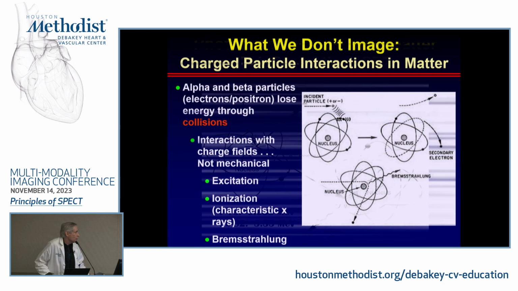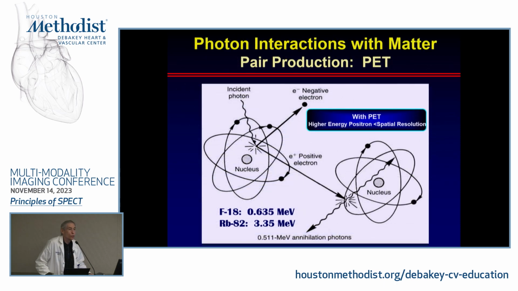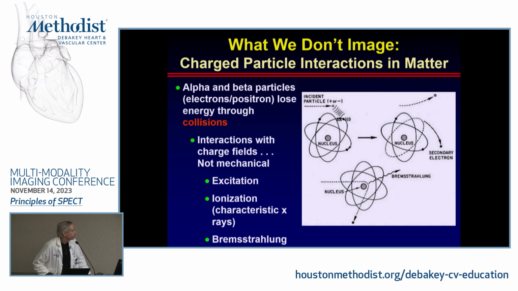And what does that mean? It basically means that the spatial resolution of F-18 is actually much better because you have annihilation occurring closer to where the positron was emitted as compared to traveling further, which will happen with the rubidium positron. So that gets into the whole issue of spatial resolution, and we'll talk more about that.